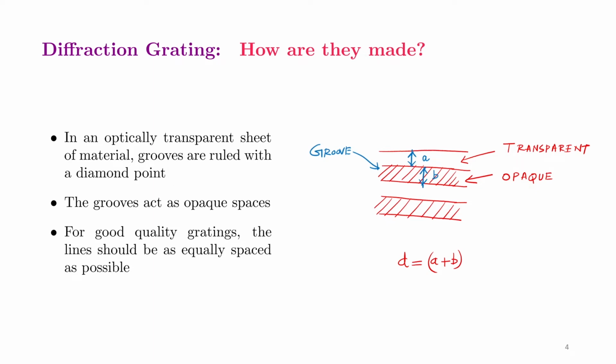Let's discuss how these diffraction gratings are made. Diffraction gratings are typically made on an optically transparent sheet of material. The grooves are ruled with a diamond point. The grooves act as opaque spaces, and for good quality gratings, the lines should be as equally spaced as possible.